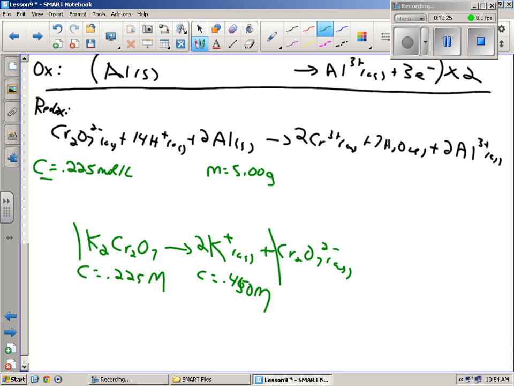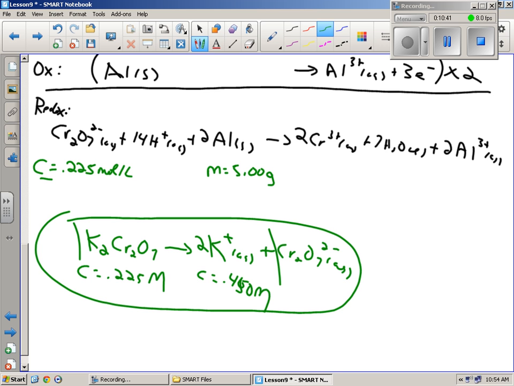What if they did talk about the potassium ion in this equation? Now, obviously they don't, but what if they did? Would I be able to put my 0.225 here? No, you'd have to actually take double the concentration. So you do have to understand this in case it's not a one-to-one equation, right?